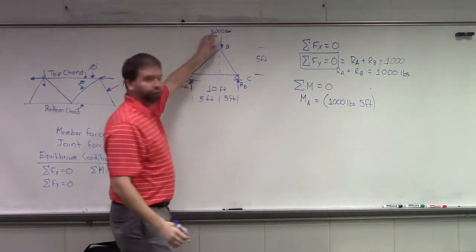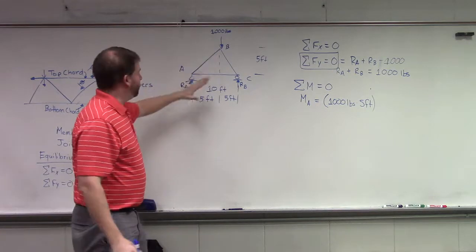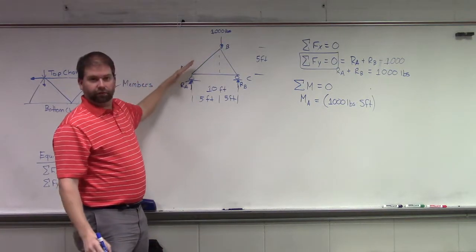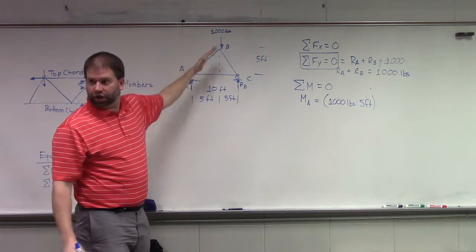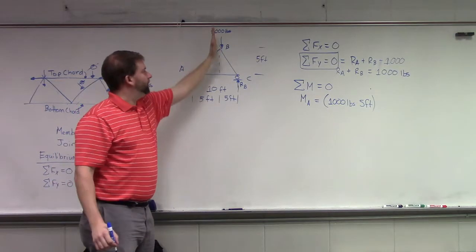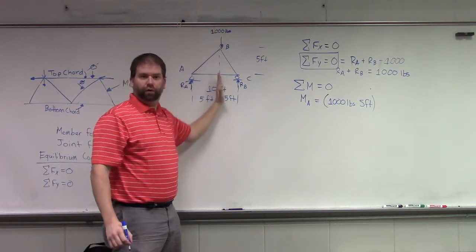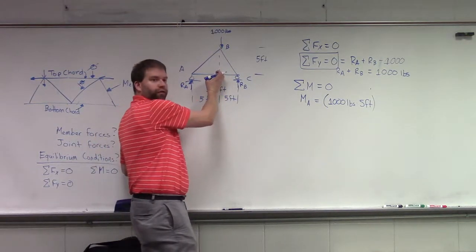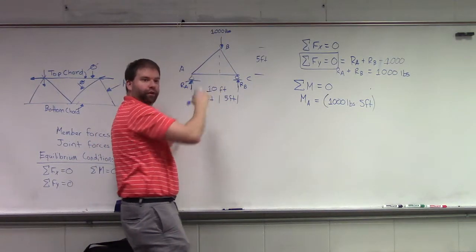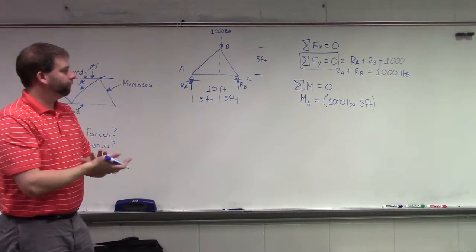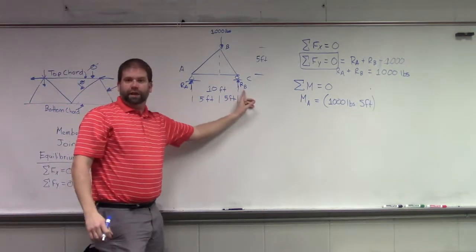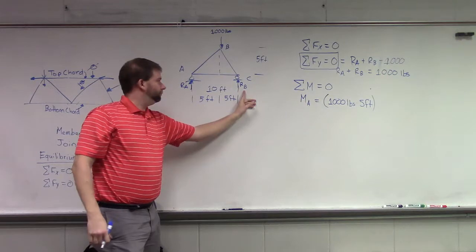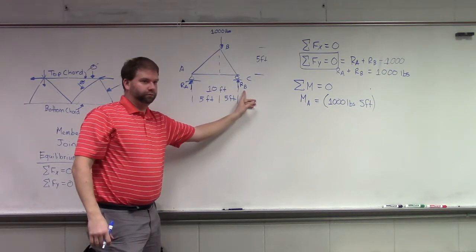And remember, with our forces, we're not interested in this distance, right? Because as long as we aren't changing our line of action or our sense, we can move this force however we want. So we can move this force down to the level of the truss. And now we're 5 feet away. Okay? What about our reaction at B? It's the same force, but negative.